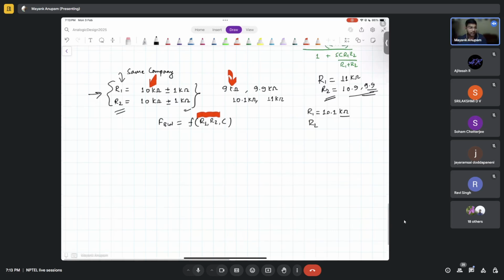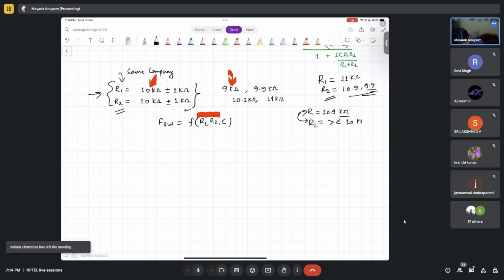The information that I will give you is that these two resistors were prepared in exactly the same environment, nothing changed at all. So can you tell me something? Let's say it is 10.9 kilo ohms. When I buy this resistor R2, will it be greater or less than 10 kilo ohms? The information I have given you is that these two resistors were prepared in exactly the same environment.